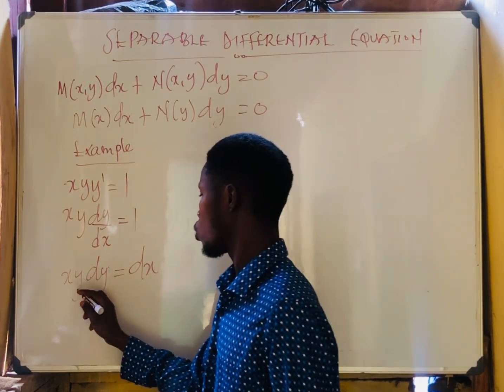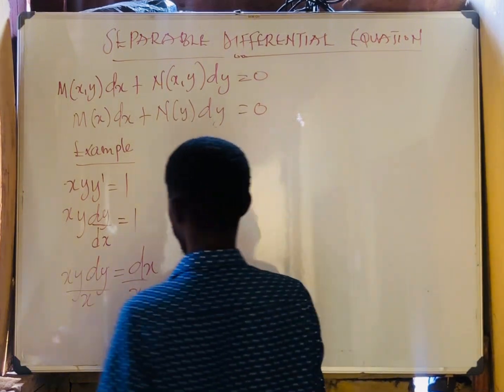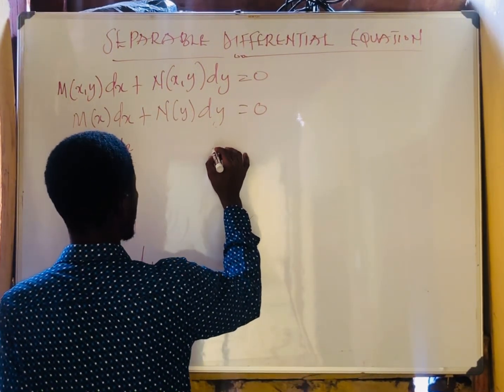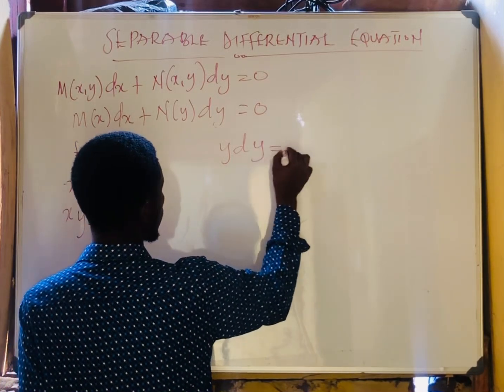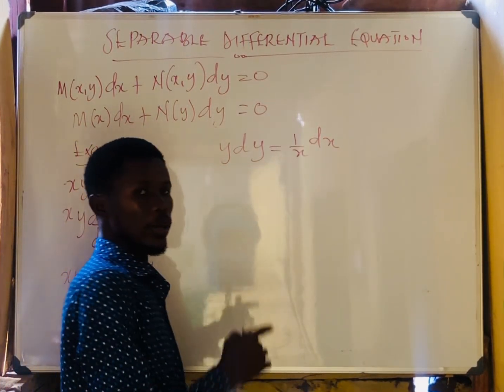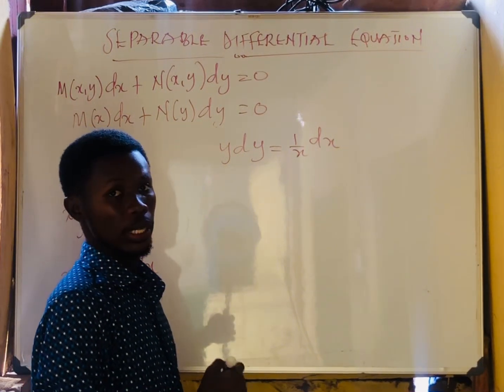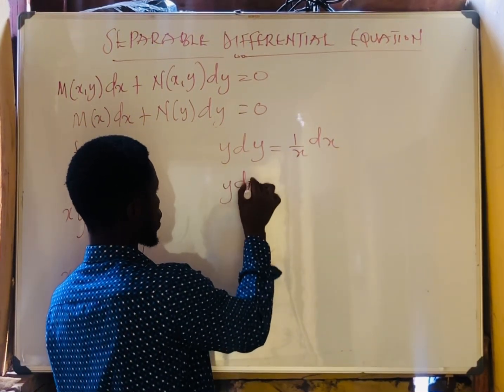So all I need to do is divide here by x, divide here by x. So when I do that, I have y dy equals 1 over x dx. Now when you have something like this, you can say that it's separable or it's separated. So I can rewrite it as this.